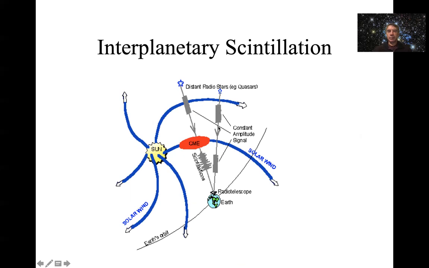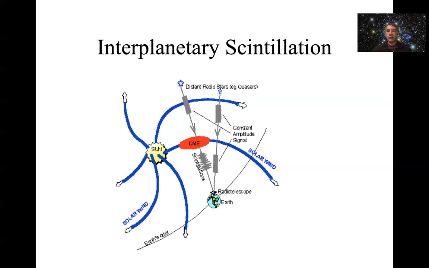Normally from a strong point source, of course, you'd expect a steady flux signal. But from the early days of radio astronomy, it was noticed, especially with radio interferometry and especially at lower frequencies, that occasionally the level of the flux from the source was varying quite rapidly and randomly, and just for a short time, then it would go back to being constant again.